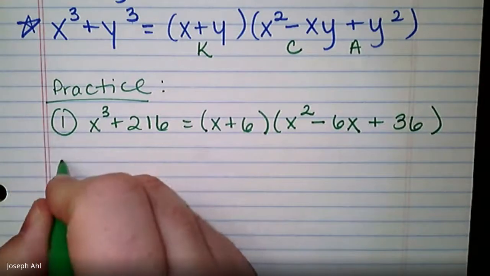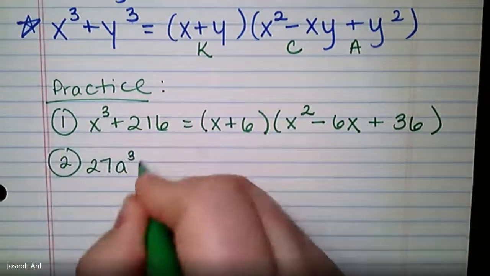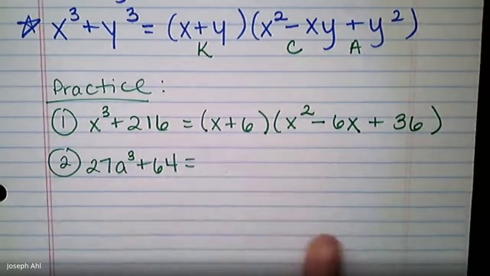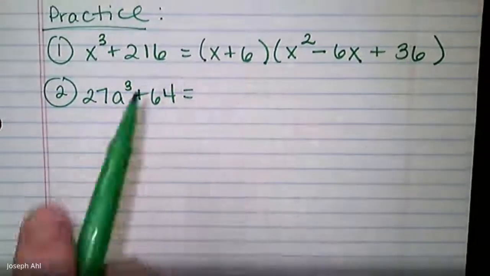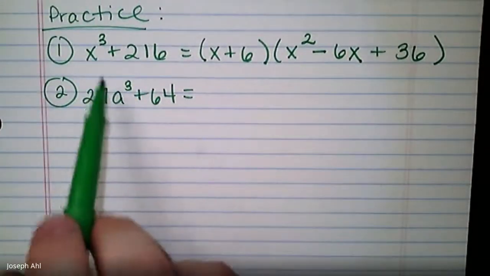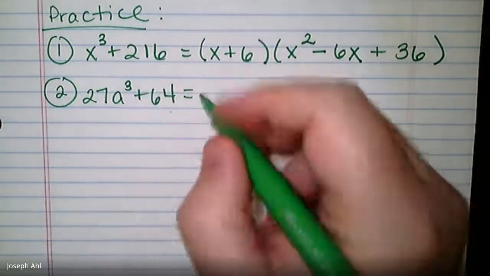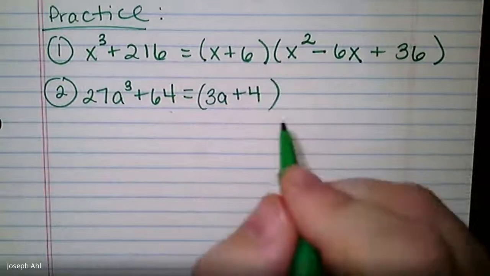All right, let's do a couple more. Number 2 is 27a cubed plus 64. These numbers are going to start getting really familiar, since there's only so many perfect cubes we can work with here. 27 is 3 cubed and 64 is 4 cubed. So the binomial would be 3a plus 4 to start.